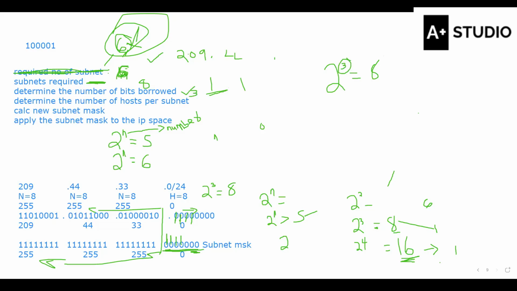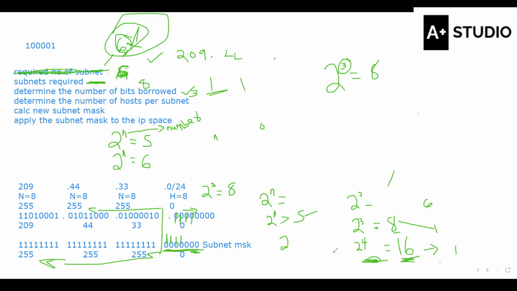Christopher says, please, why have you cancelled the 4 zeros of the host when it's 2 exponent 3? Oh, no. I used it to explain this system. We just assumed we were borrowing like 4, and then seeing the number of networks we can create.